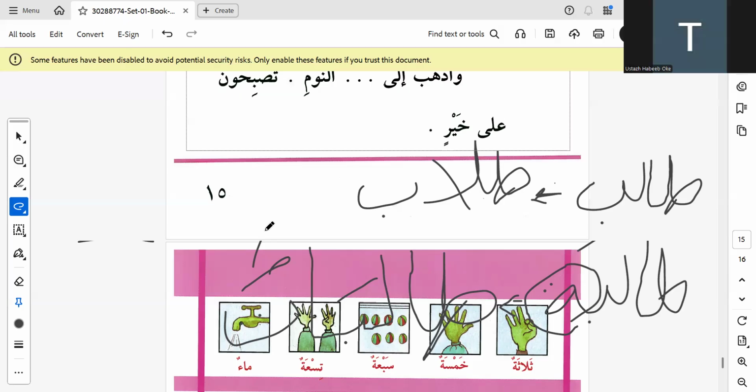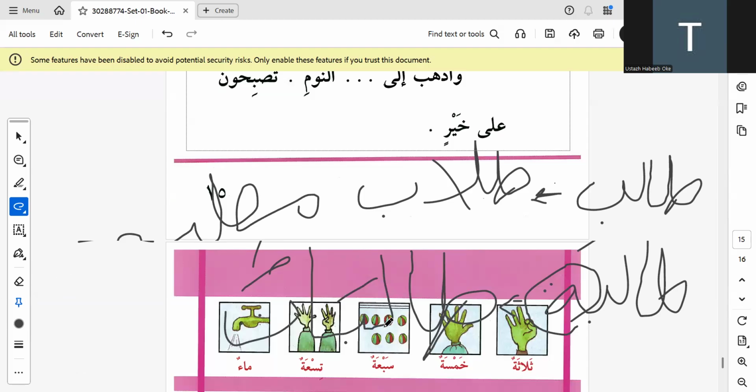We have muti'atun. What's the plural? That's your name. What's the plural of your name? We have muti'atun, right?